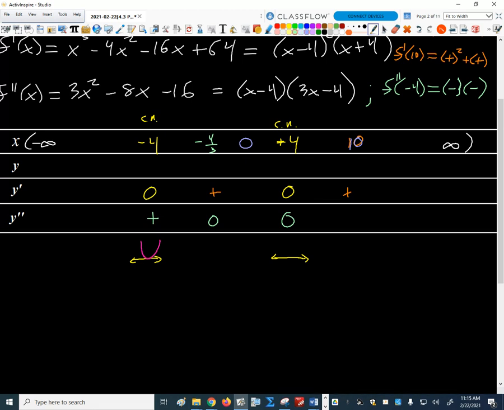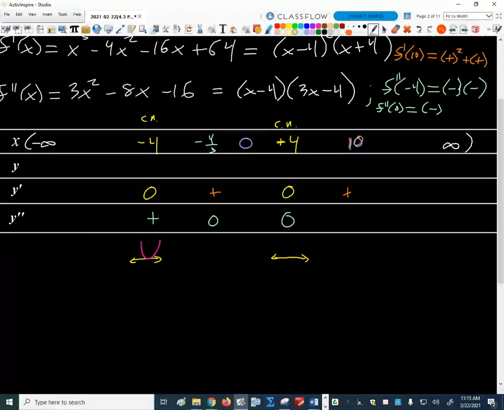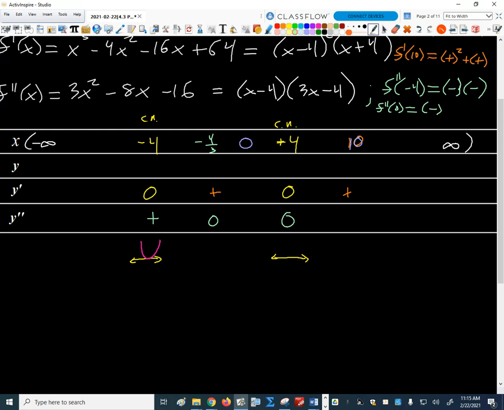Okay, we know that f double prime of 0 is going to give us negative times negative, which is positive. Hang on, did I do that right?